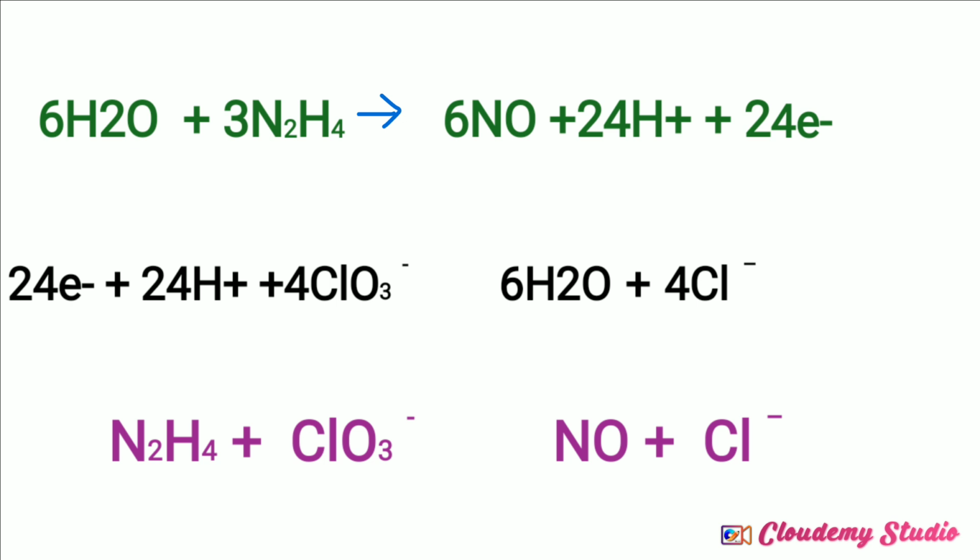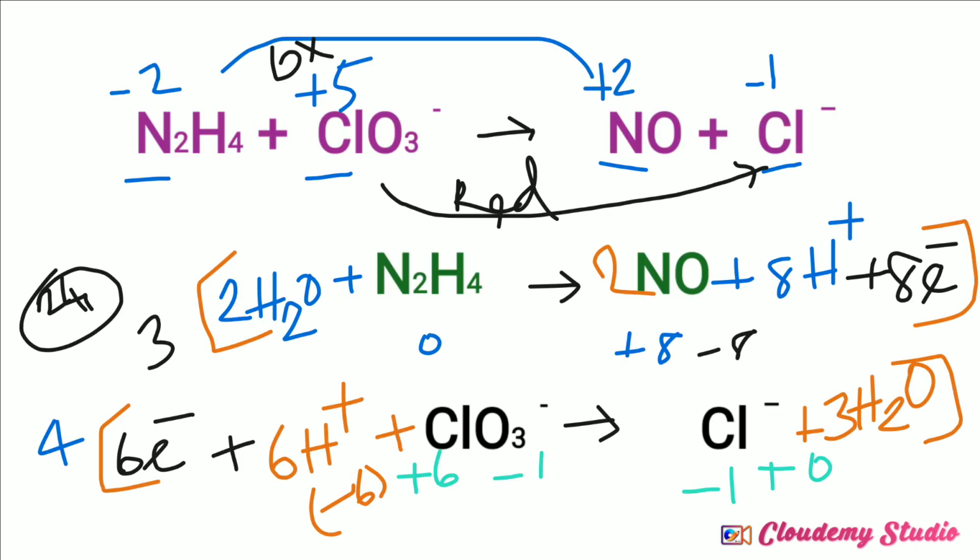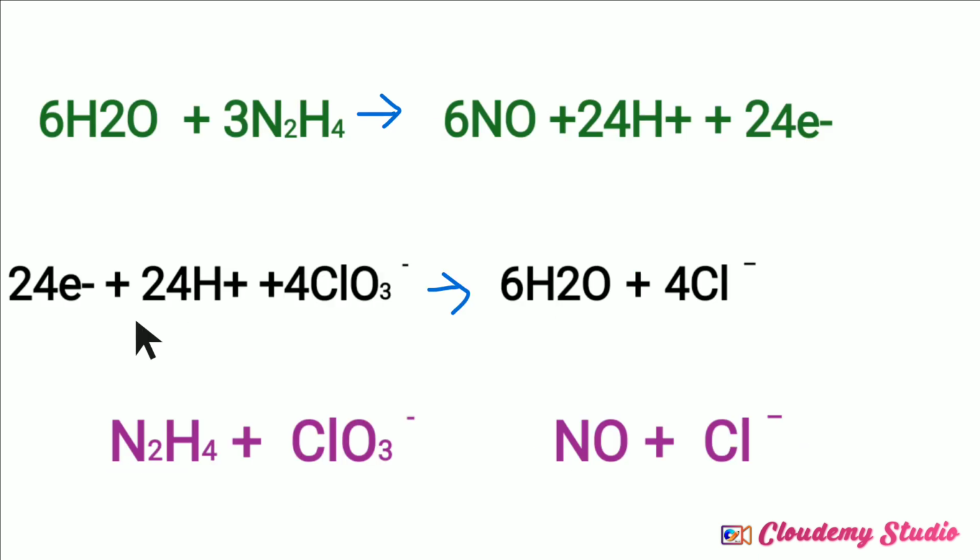Similarly, the reduction reaction is multiplied by 4 times, that is written here. So now both equations have 24 electrons, so the number of electrons on both equations is equal.